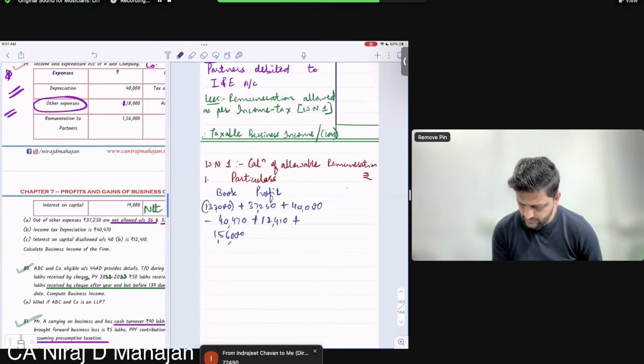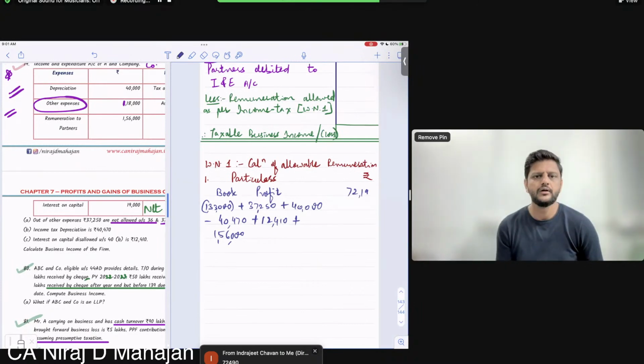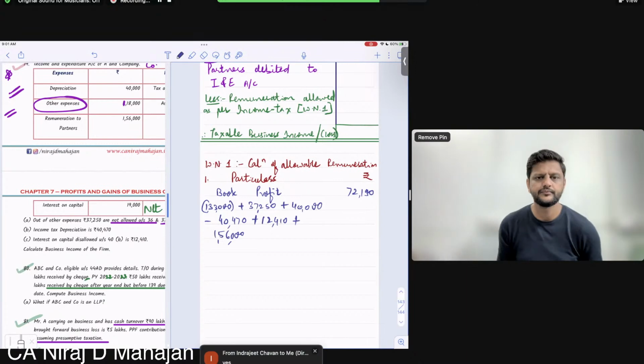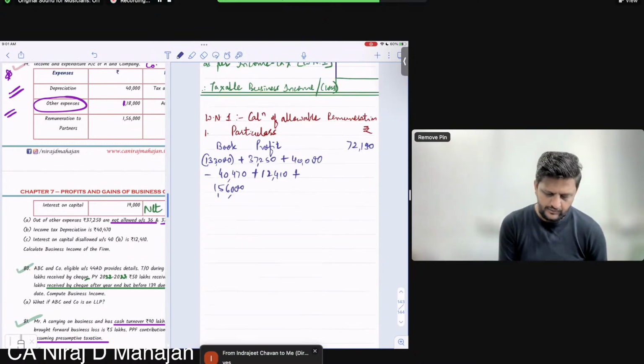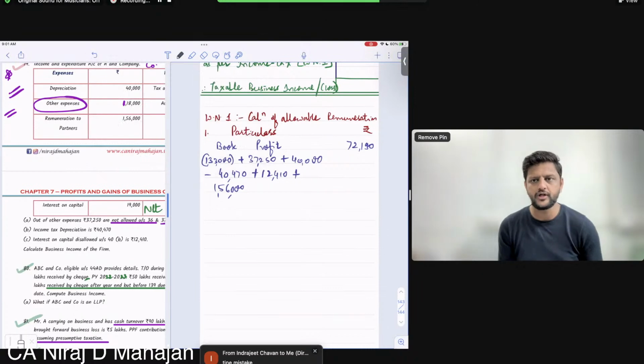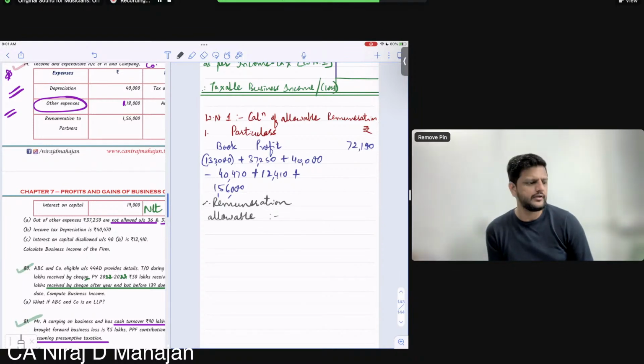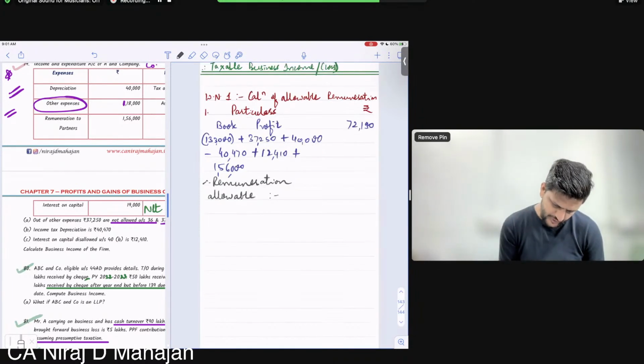All of you okay till 190? Now here we know remuneration allowed under section 40B. Therefore, remuneration allowable. My book profit is what now? Is it up to 3 lakhs only? It is not crossing 3 lakhs.